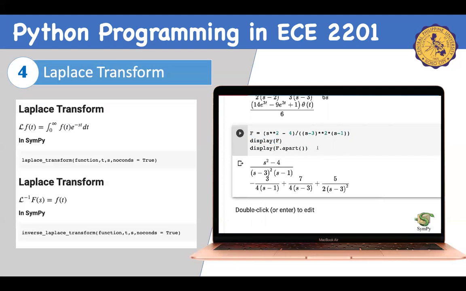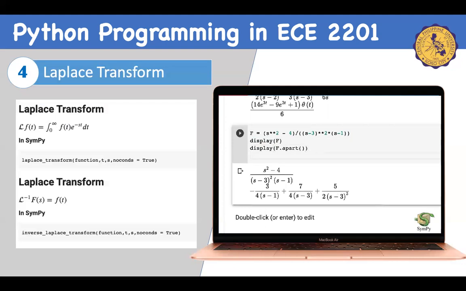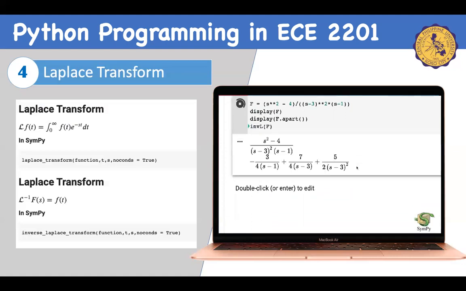Now let's try to take the inverse Laplace transform. I know that Python will be slow in taking the inverse Laplace transform of a repeated factor, especially when the denominator has a power, that is, repeated linear factors. Okay, be patient.